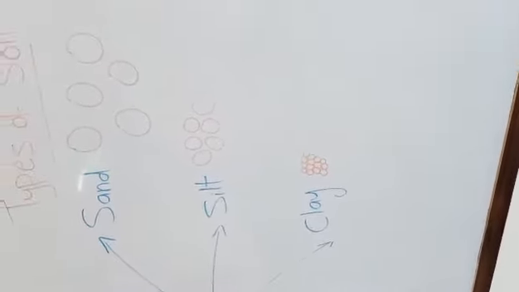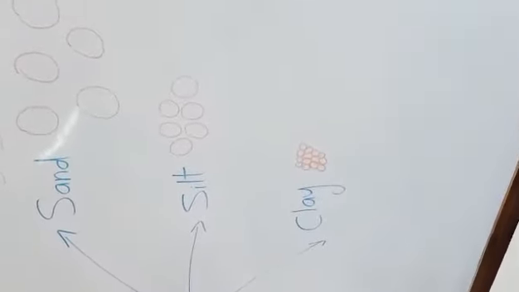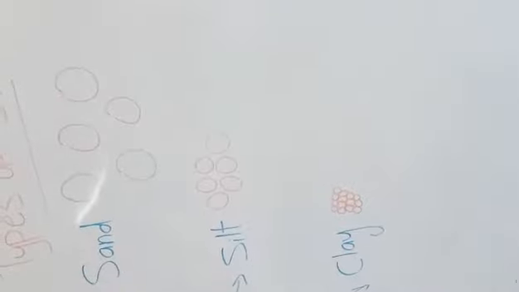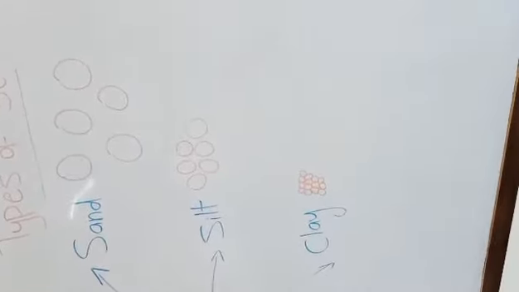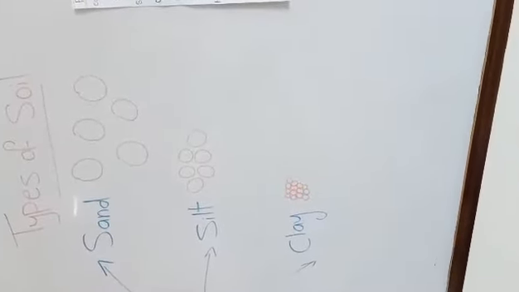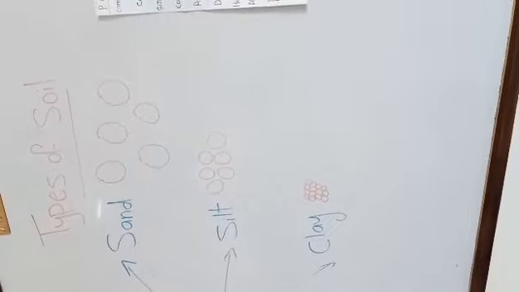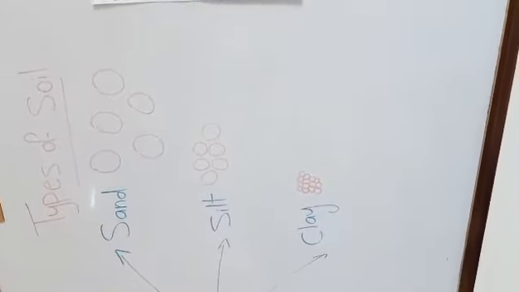Now we will talk about compactness of sand soil. As we see, the particles of the soil in sand soil are far from each other. So the compactness here is weak.